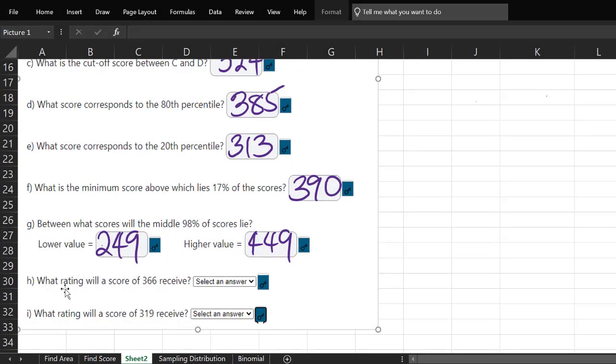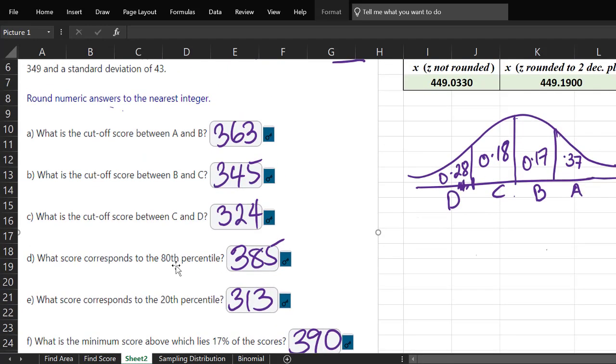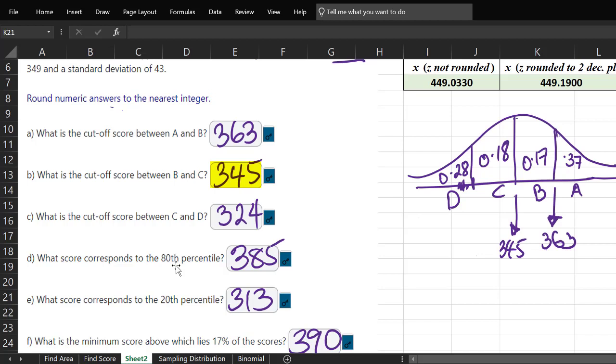Now for these last two questions, we want to find the rating for these two given scores. Recall that we determined that the score that separates A from B, the score right here, is 363, and the score here is 345, and this score here is 324.